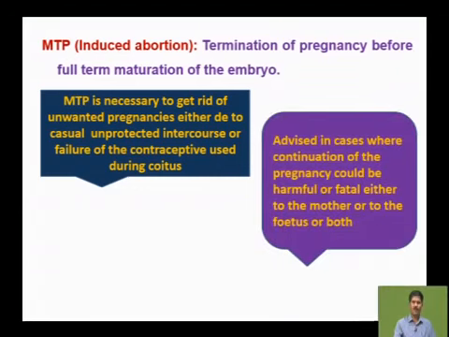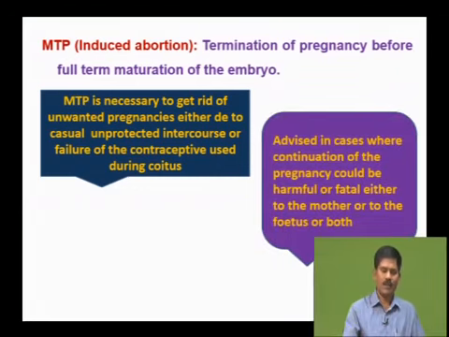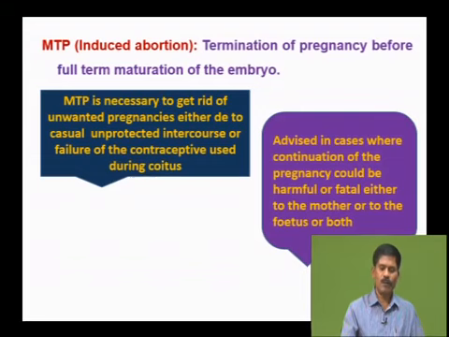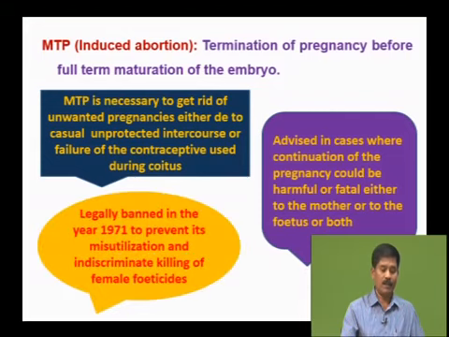MTP is advised in cases where continuation of pregnancy could be harmful or fatal, either to the mother or to the fetus or both. It is safe within 12 weeks of pregnancy, but it is legally banned in the country since the year 1971 to prevent its misutilization and indiscriminate killing of female fetuses.